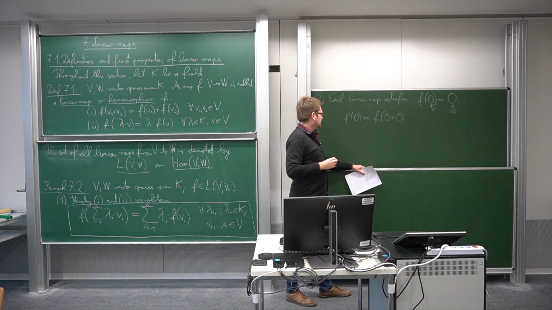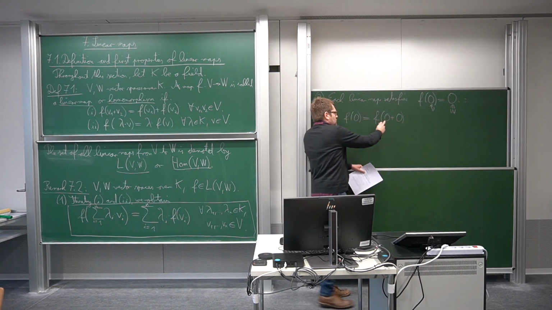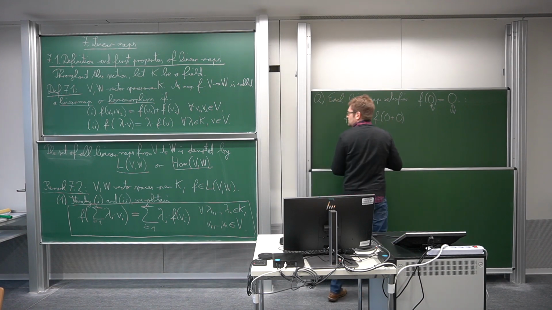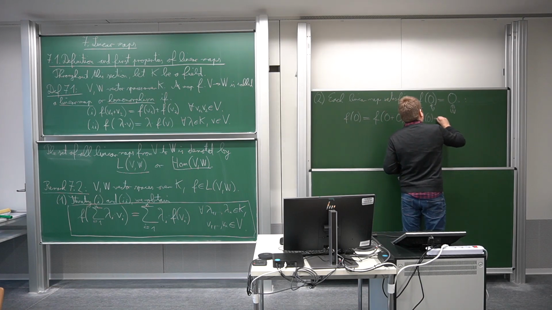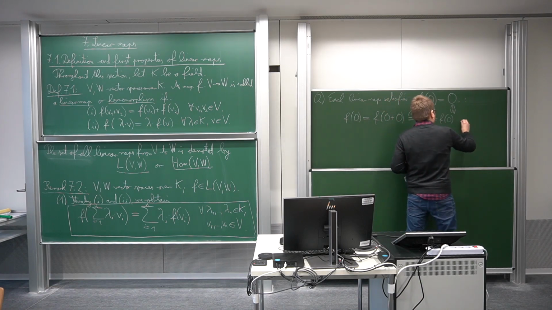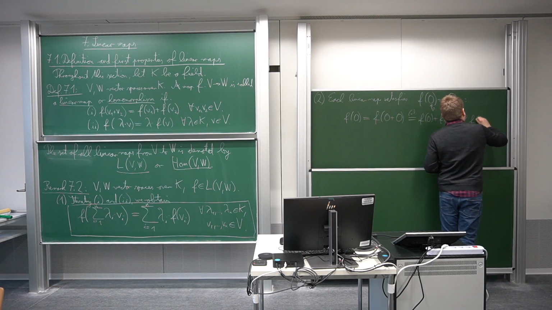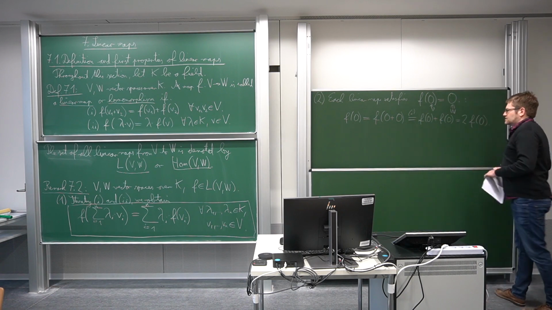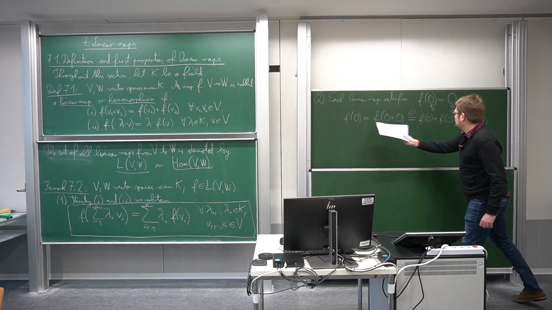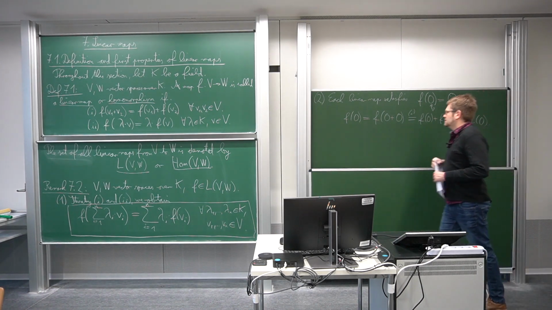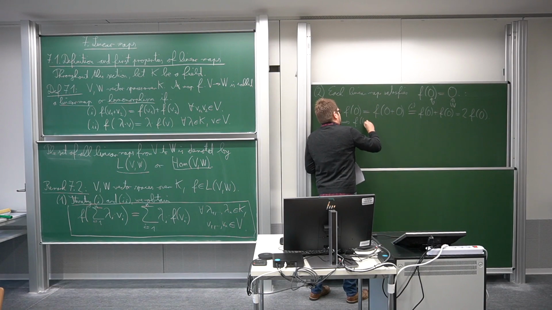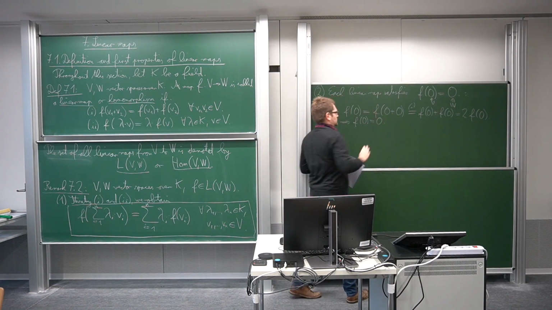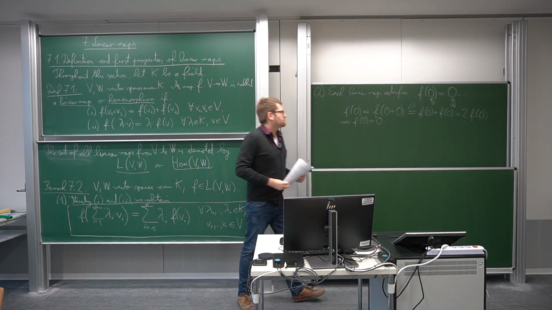Okay, this is not too exciting, but now we've got here the sum of 2 vectors, so we can use this property 1 of linear maps and get that this is f of 0 plus f of 0, which is equal to 2 f of 0, of course. Now we have seen that f of 0 equals 2 f of 0, and this is only satisfied if f of 0 is 0. So this already shows this property.